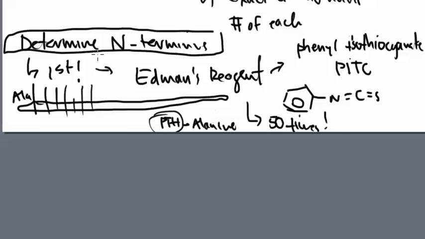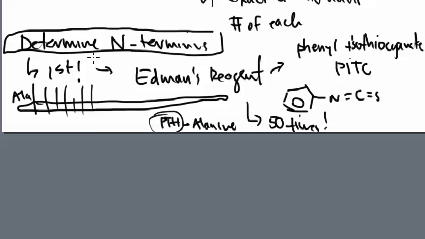However, this is basically due to how advanced your instrumentation is, because this is really automated. So this automated process is really dependent on the type of instrument that you're using. Some of them can actually go 100 or more times, but on average we're looking at 50 degradation products that we can get from this protein sequence based on Edman degradation.